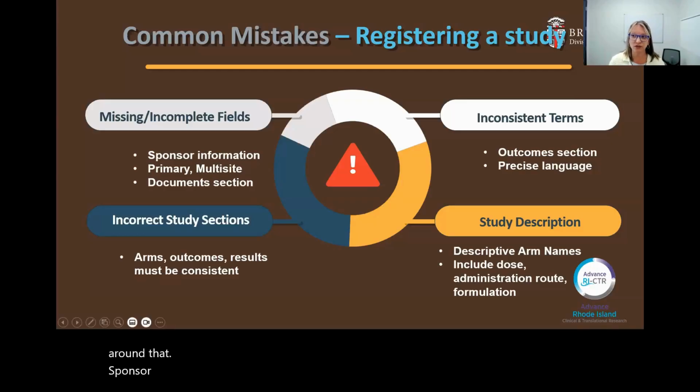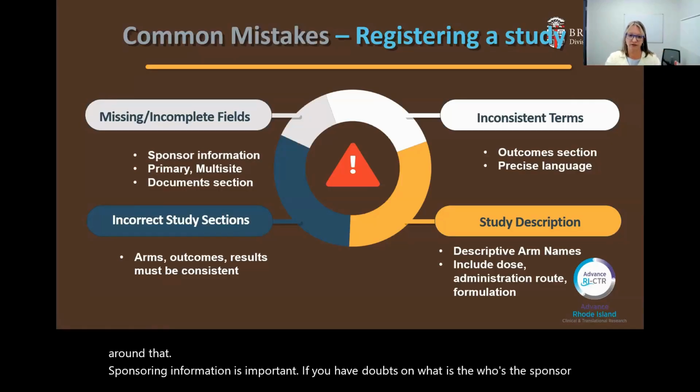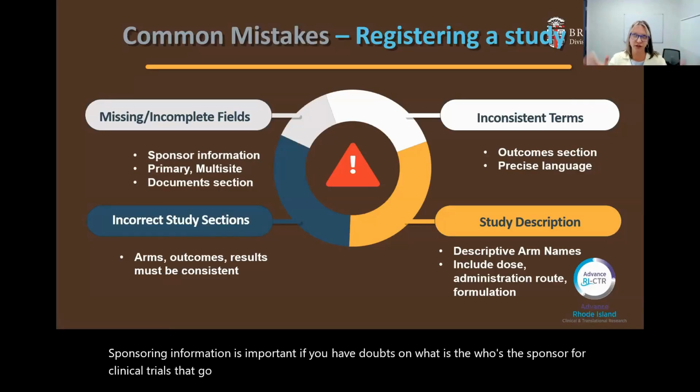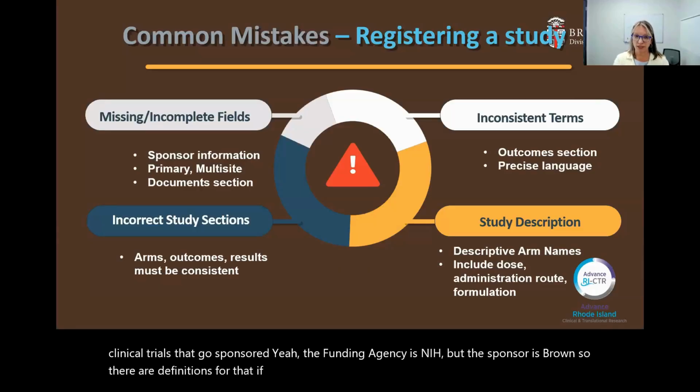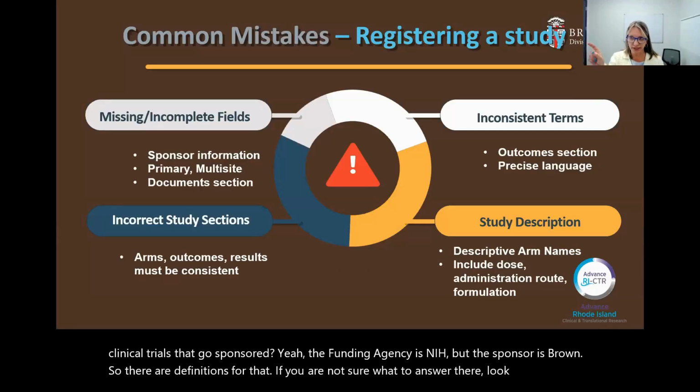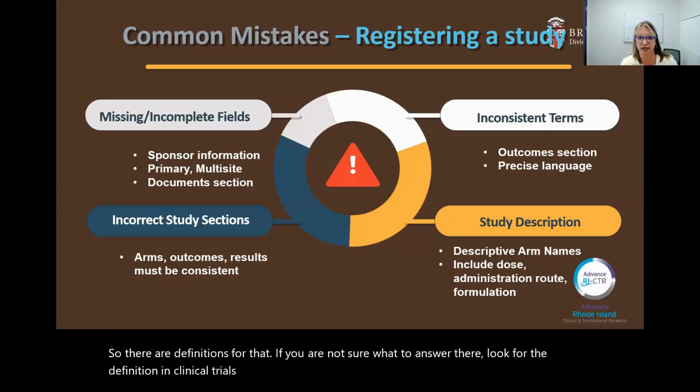If you have doubts about who the sponsor is for ClinicalTrials.gov, the funding agency is NIH, but the sponsor is Brown. There are definitions for that. If you are not sure what to answer there, look for the definition in ClinicalTrials.gov. If not, you can ask us and we will help you.